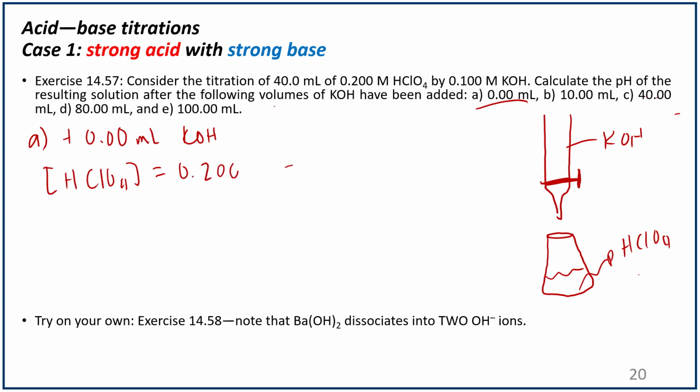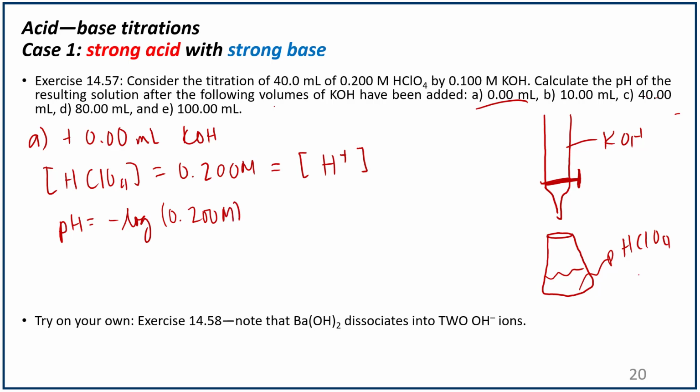Being a strong acid, it readily breaks up into H plus and ClO4 minus ions, perchlorate ions. So this should be the amount of H plus you have in solution. Now that you know the amount of protons in solution, the pH just becomes negative log of that value, which is 0.200 molar.